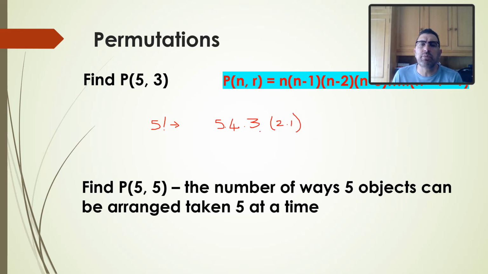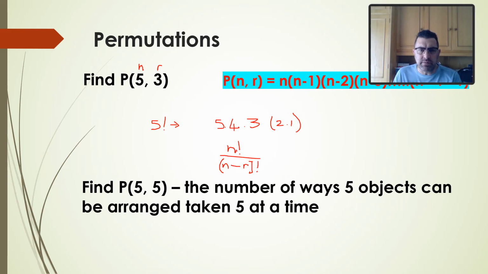So how can we write this differently? We can say it is N factorial divided by N minus R factorial.